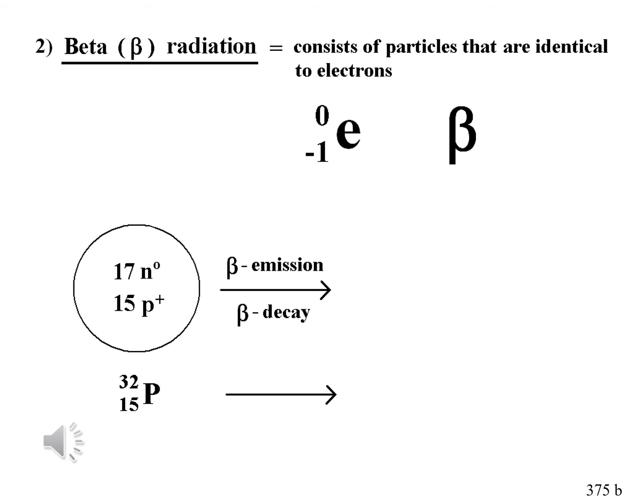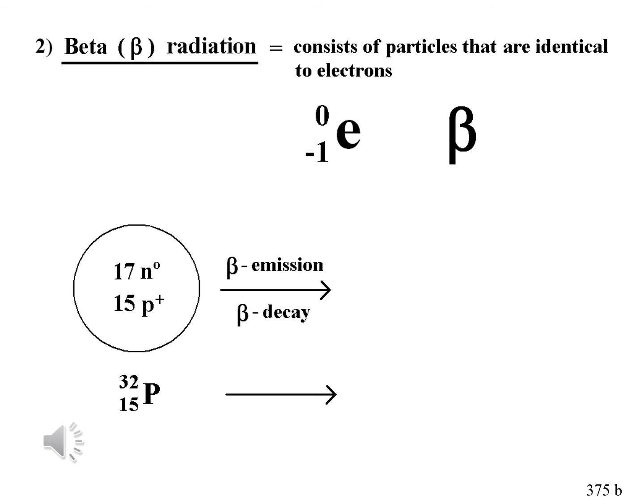The thing is, if you look at the symbol for phosphorus-32, the number on the bottom, 15, is the number of protons. But you could also think of it as the nucleus having a plus 15 charge. So the number on the bottom can be looked at either as protons or as the charge.